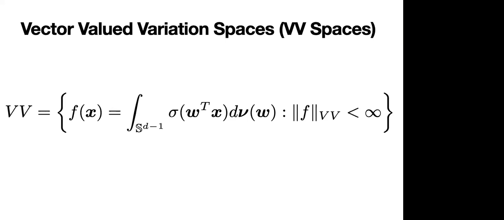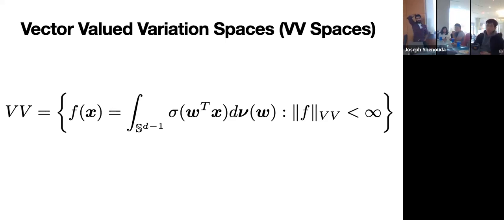Is this space the same space, just a different way of writing it, or is this space more general? What you're describing is, I think, more restrictive. You won't necessarily find arbitrarily large input weights and output weights. There is some restriction which is controlled by the norm, right?